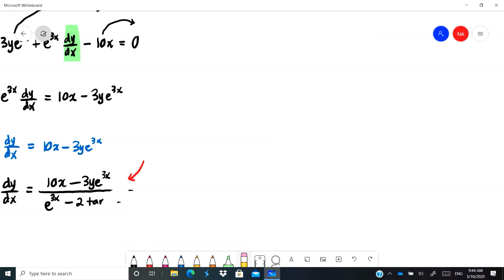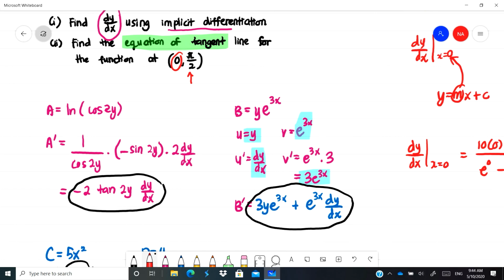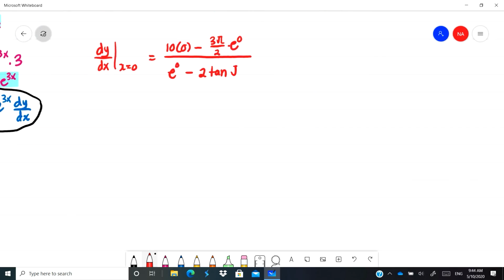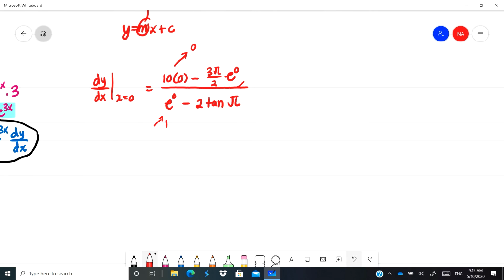So 2 multiplied by y here, where y is pi over 2, will get pi. So tangent pi. This part will get 0, and this part will get 1, this part will get 1.